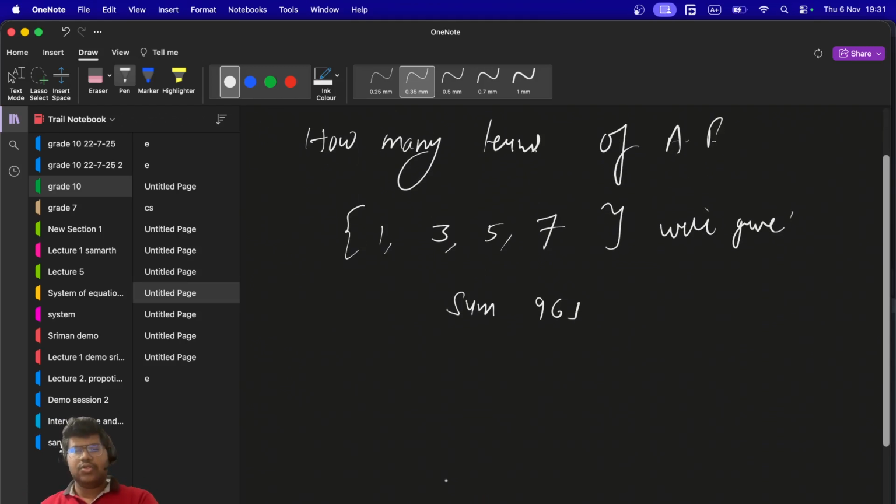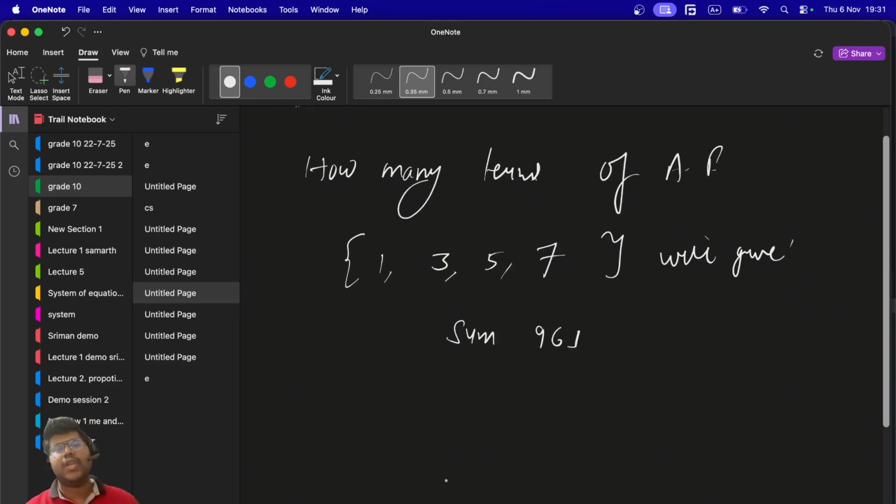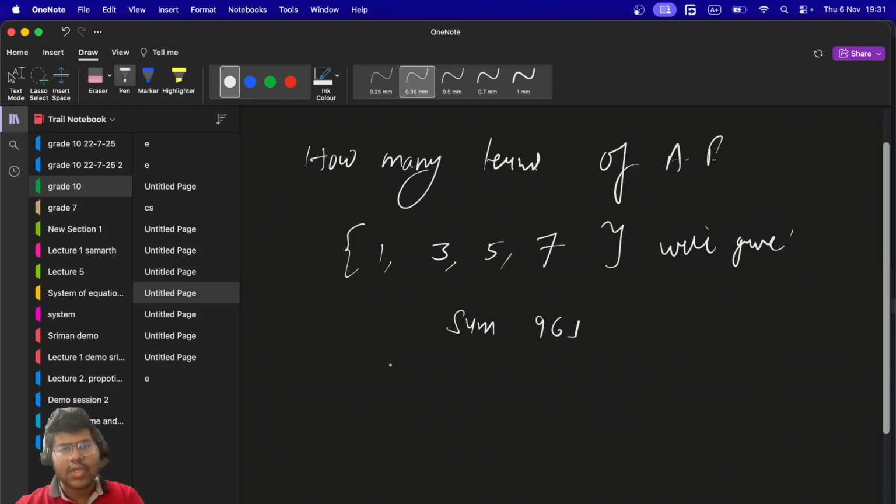Okay. So see how many terms of an AP. So again here the question is now reversed completely. Now instead of finding the sum of the series, the sum is directly given and we need to find how many terms make up the sum to this, right?